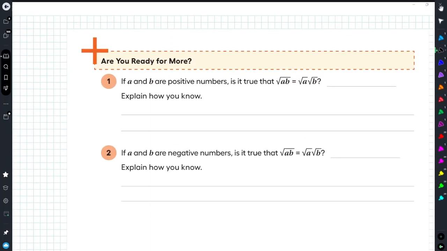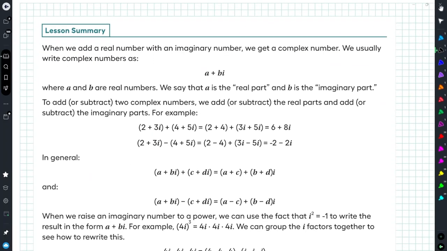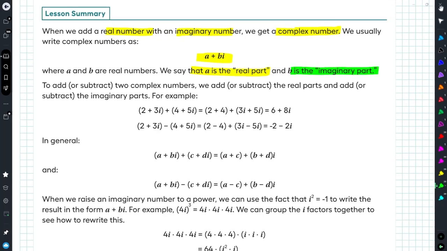So we're not going to do the Are You Ready for More? I want to go to the summary. Again, when we add a real number with an imaginary number, we get a complex number in the form a plus bi, where the real part is a and the imaginary part is b. When we add or subtract complex numbers, we add or subtract the real parts together, and then add or subtract the imaginary parts together.